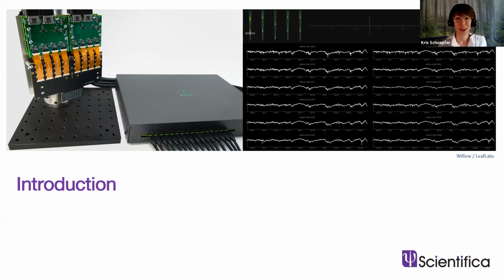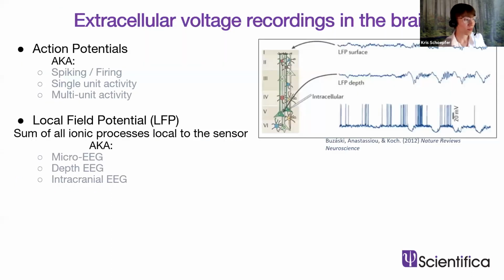All right, so as a brief introduction, extracellular recordings in the brain. By the way, I should note that all of this is primarily focused on small animals. However, it absolutely applies to invertebrate species, non-human primates, anything with a central nervous system and neurons in a group.